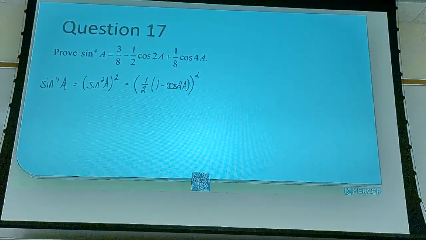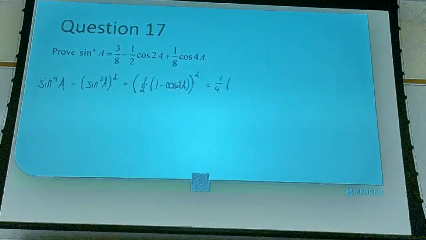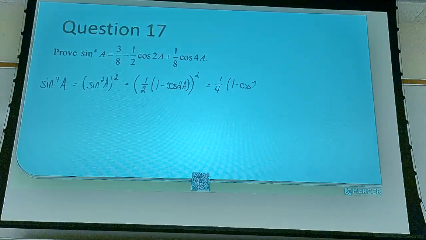Distribute that squared through. So a quarter, 1 minus cosine of 2a all squared.